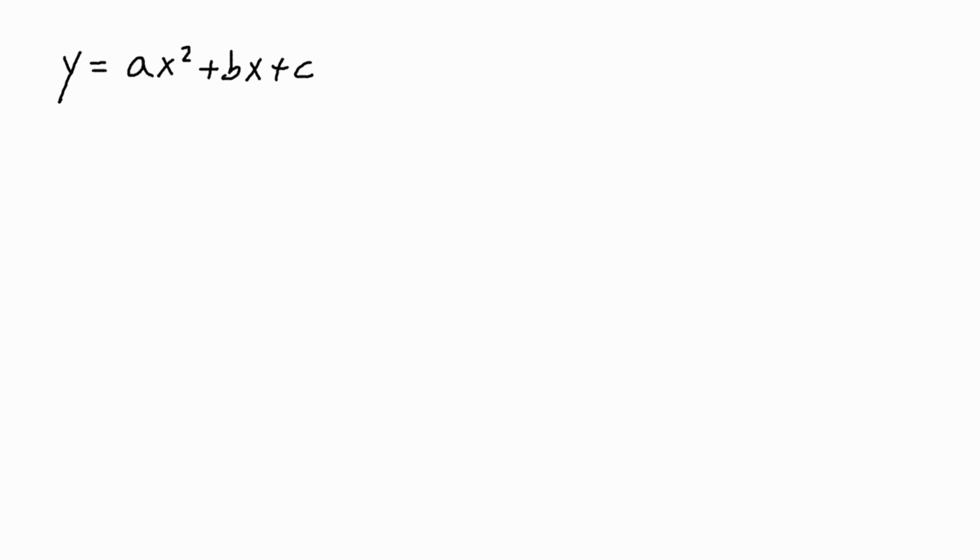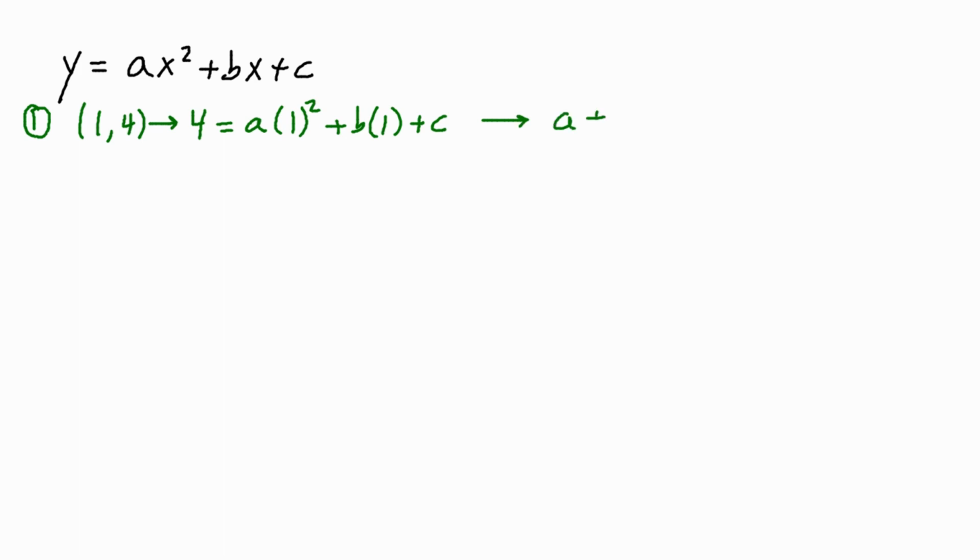So our first step is to take each of our points and substitute into our equation. Starting with 1, 4, y is 4, so 4 equals a times x squared, which is 1 squared, plus b times x, which is 1, plus c. And that will give me a plus b plus c equals 4.